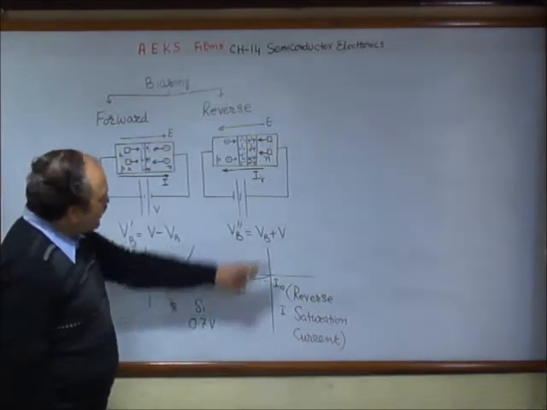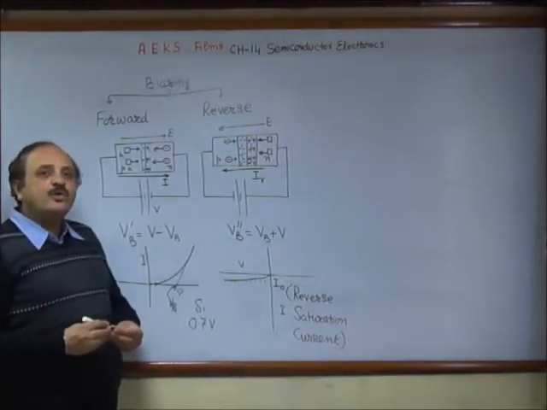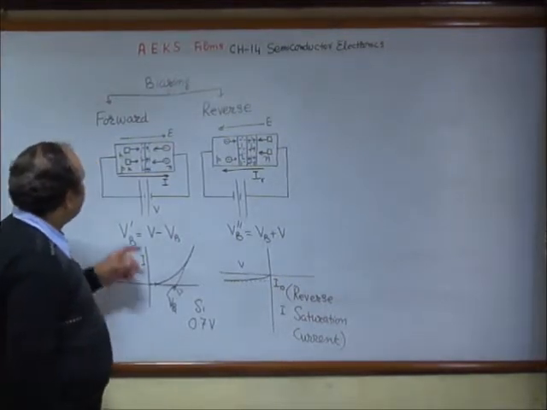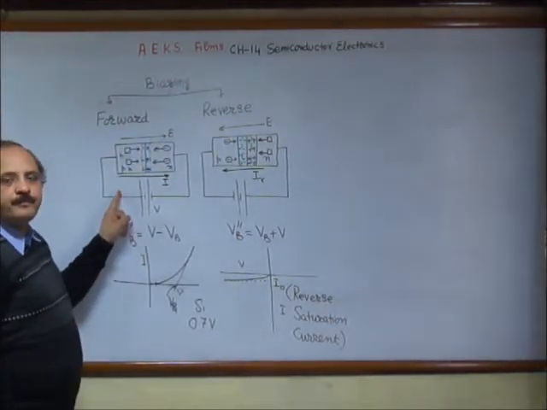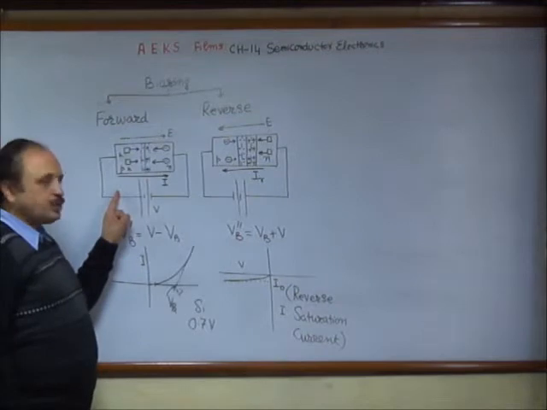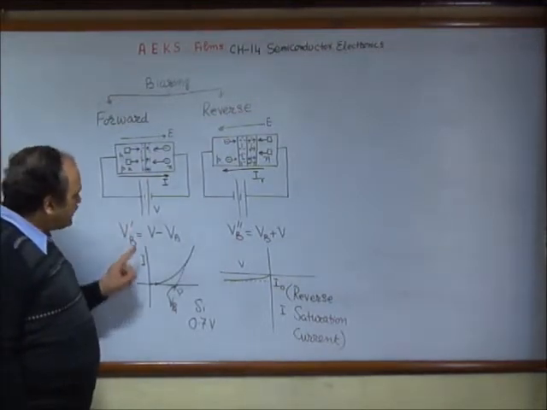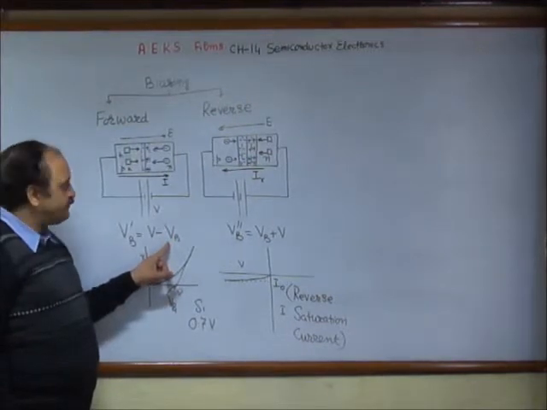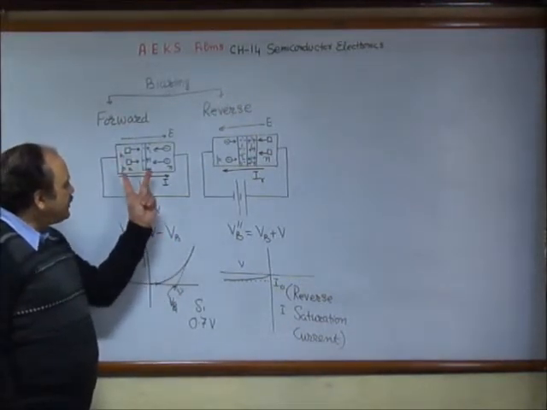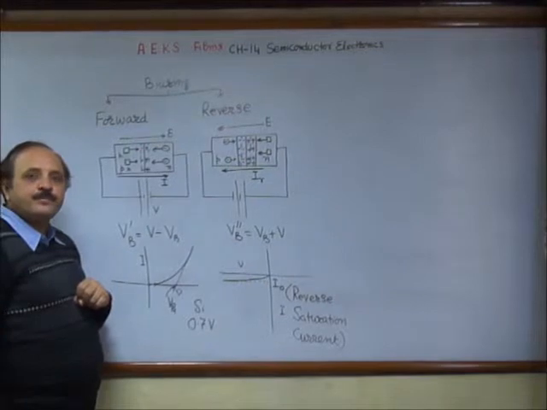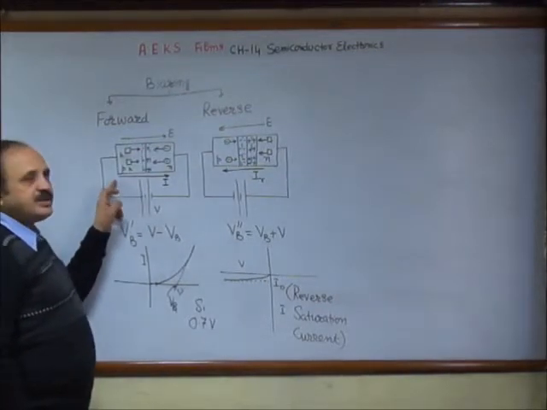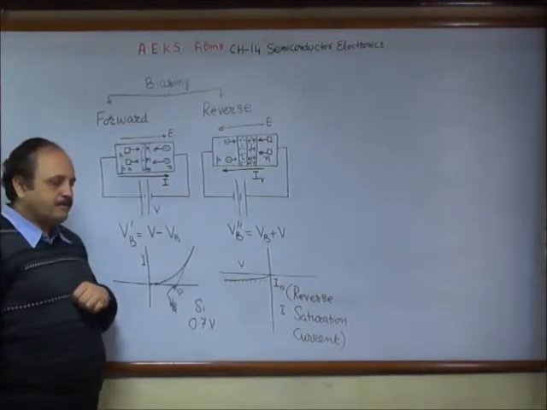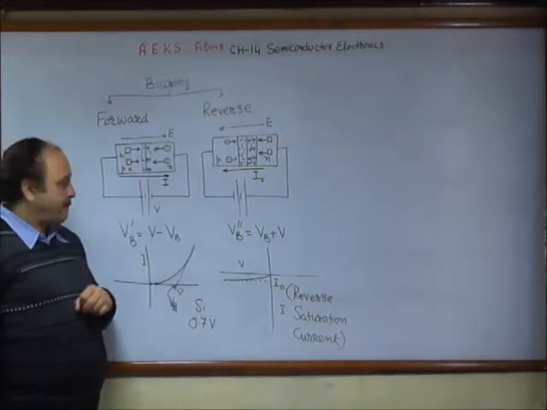Let me quickly revise how the diode behaves. In forward biasing, there are two changes which you should note. Once the barrier potential becomes smaller, depletion layer reduces, and the majority carriers are responsible for the current now through the diode.